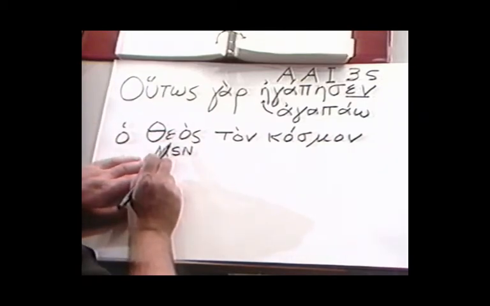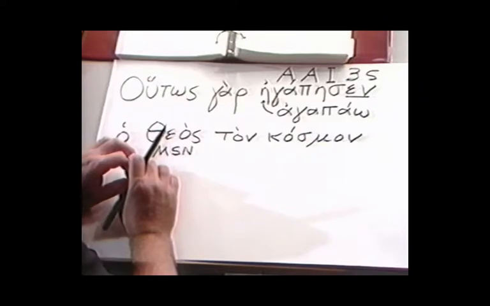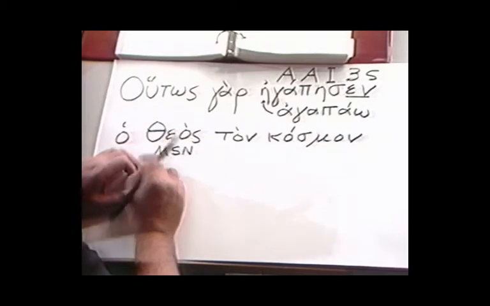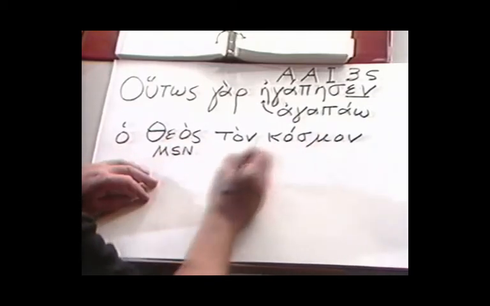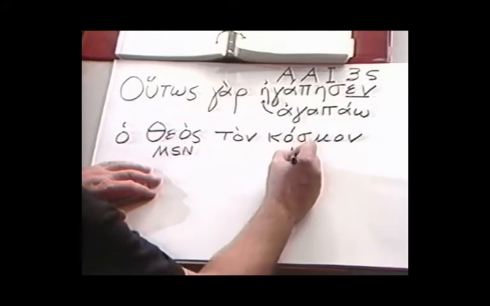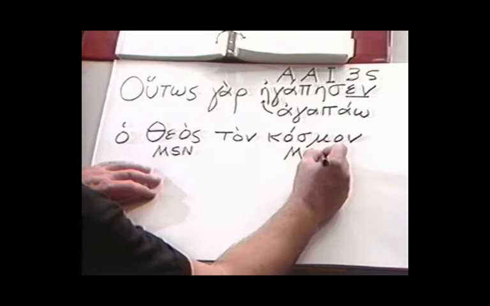Now, what is it that God loved? Whenever we answer or ask the question, what or whom, we will be dealing with the syntactic function called direct object. What is it that God loved? God loved the world, ton kosmon. Now, how do we parse kosmon? Masculine, singular, accusative.